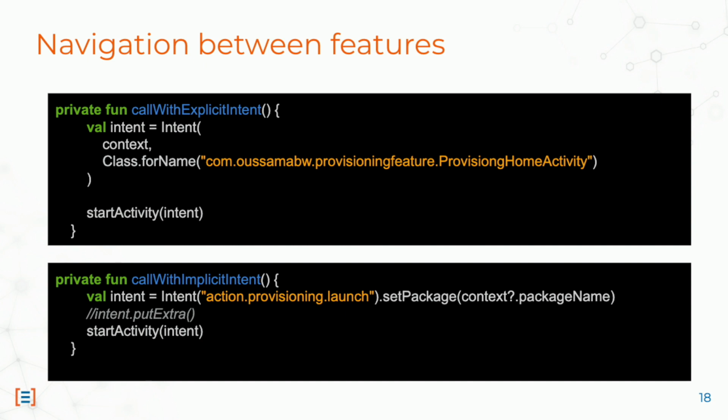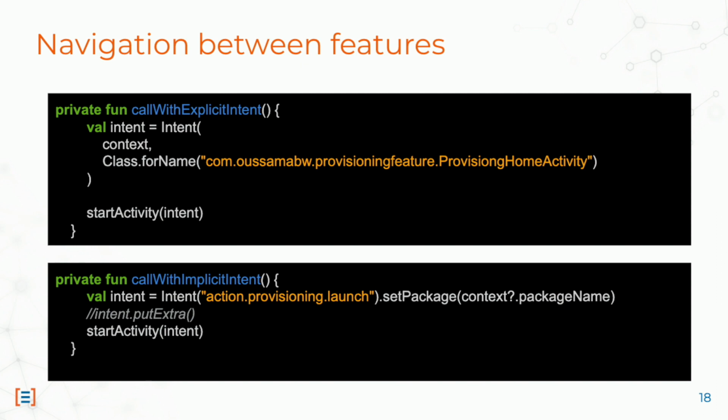So a feature can call another feature with its package name, the whole package to the activity. The dynamic feature can call any other library. This first one is proposed by Google developers.